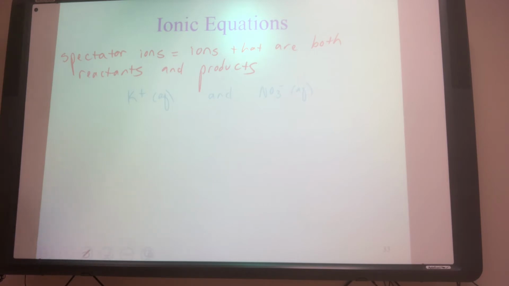So now that I know what spectator ions are, now I can write my net ionic equation. So the net ionic equation is an ionic equation in which the spectator ions are removed.